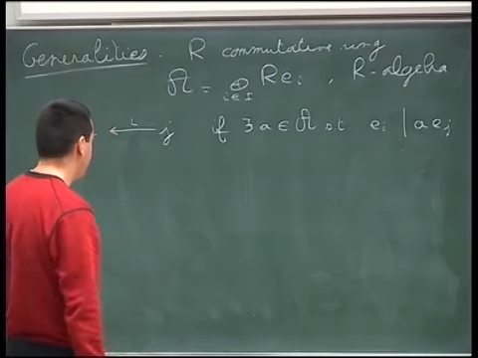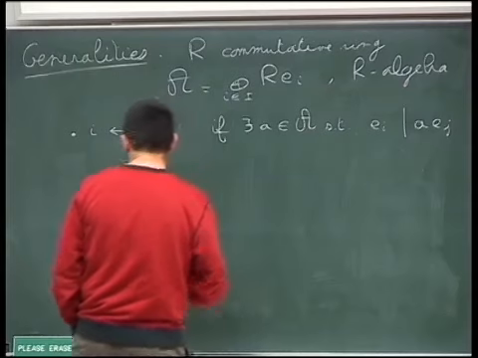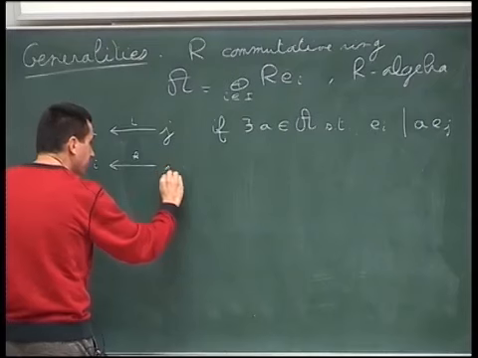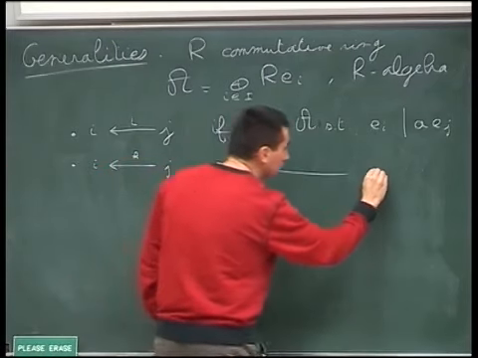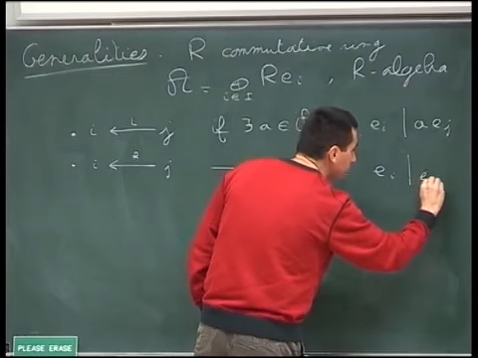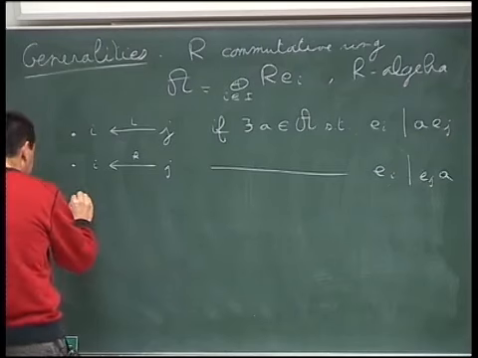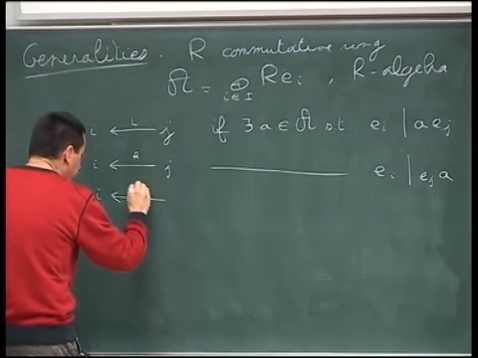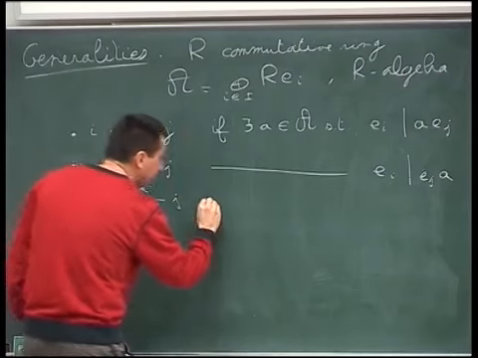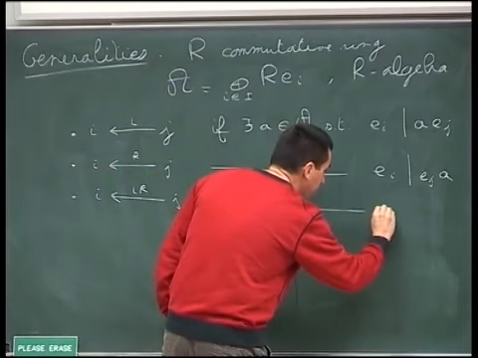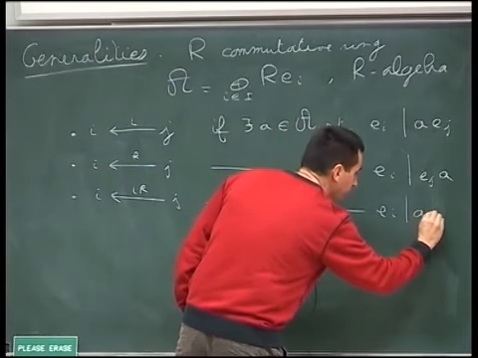So this is what I mean by this notation. Of course, you can define a right relation just by multiplying on the right. And you can define a left-right relation if there exist a and b such that e_I occurs in such a multiplication.